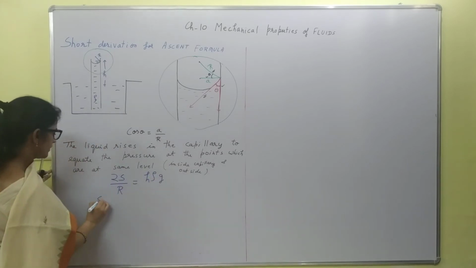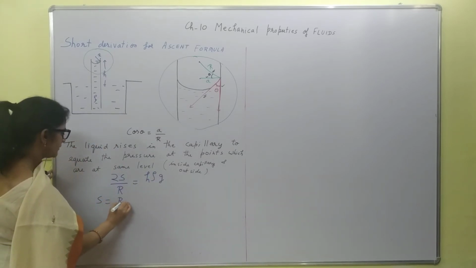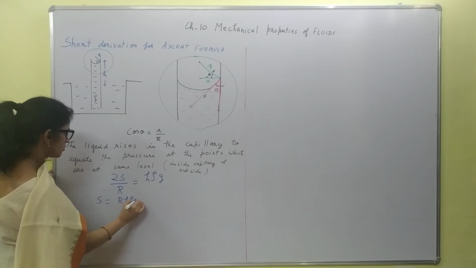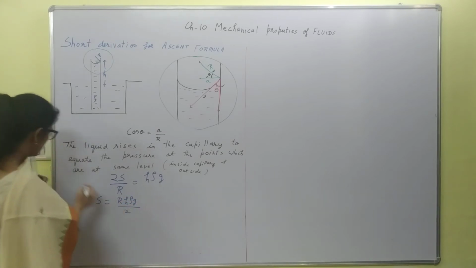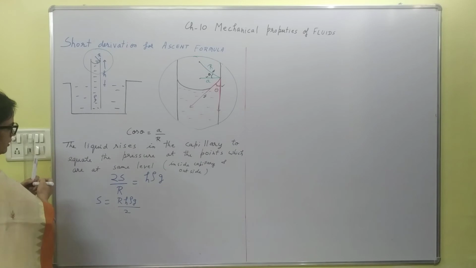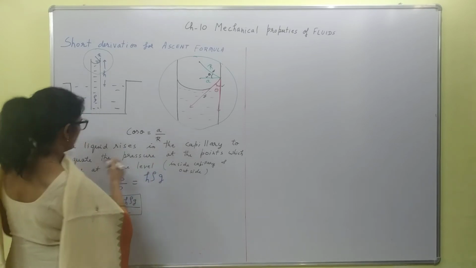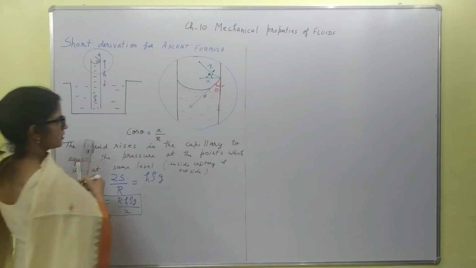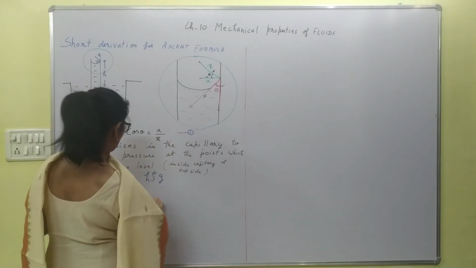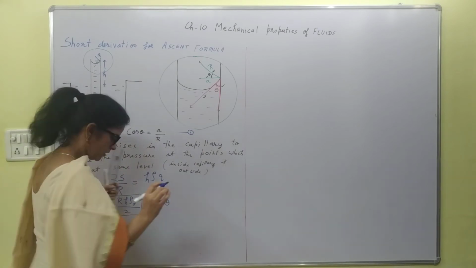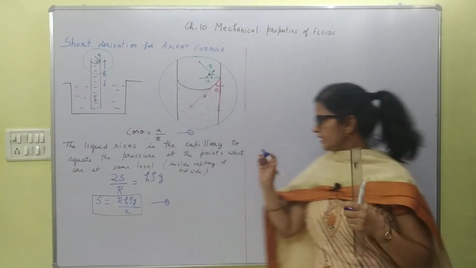So from here surface tension will be R H rho G upon 2. This is one form of the formula for Ascent formula. If we take this as our equation 1 and this as 2, so you can write down from 1 in 2.